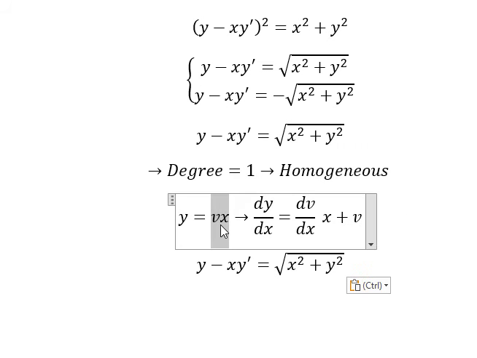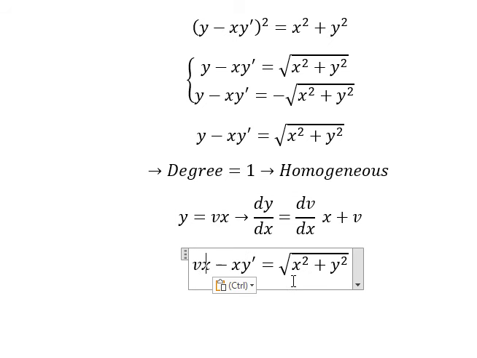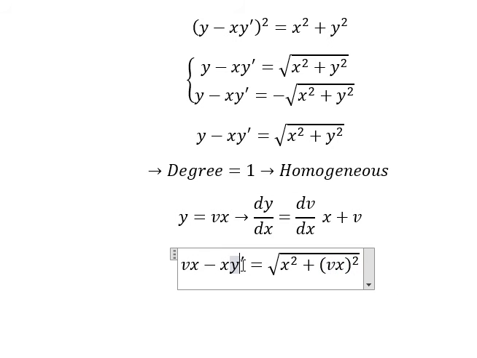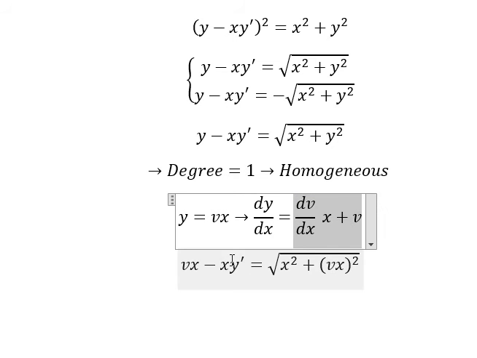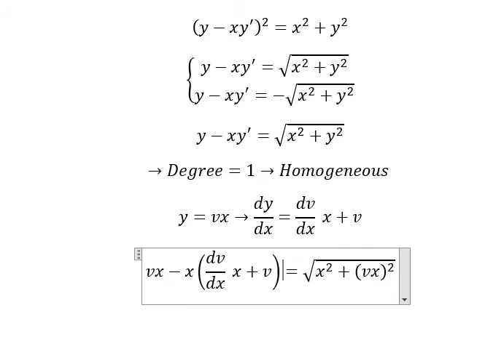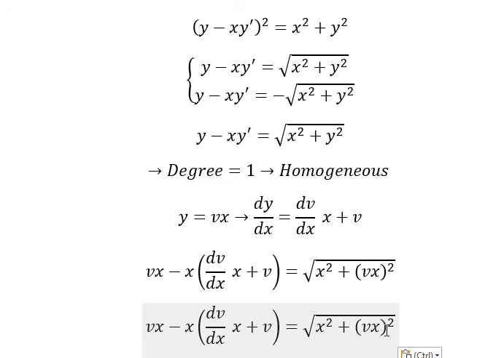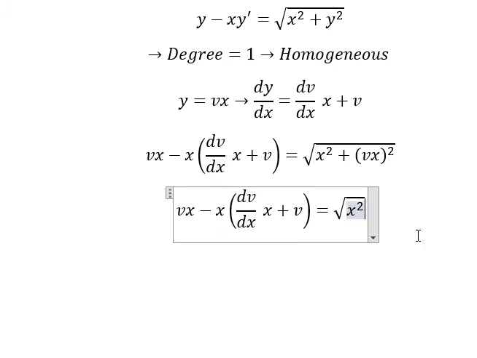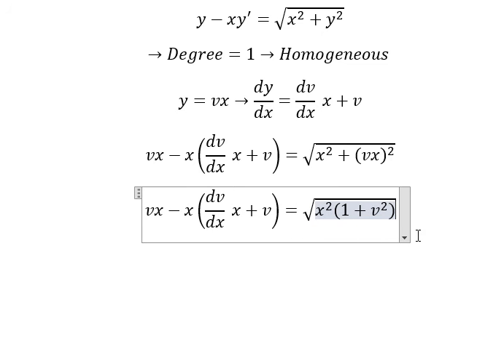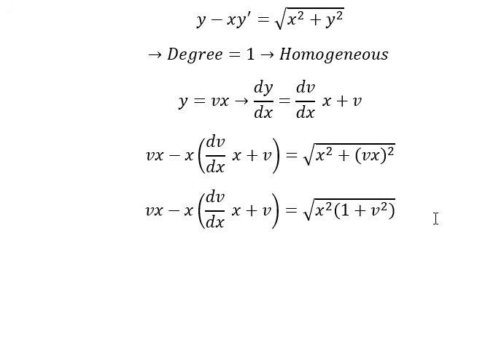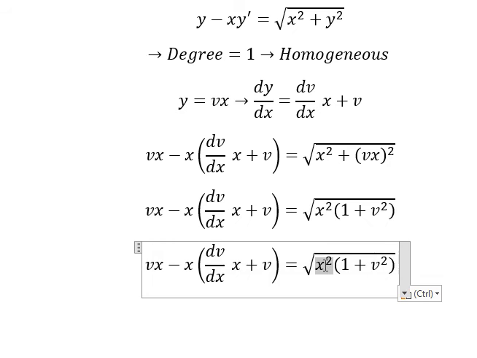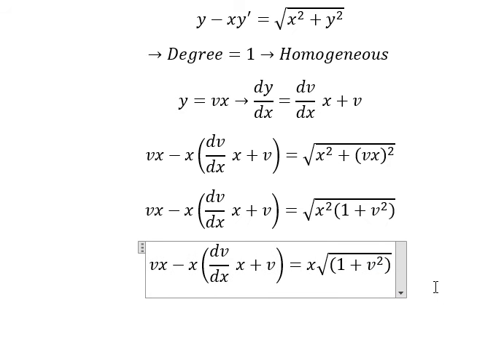Now I will put this one to change for y, and this one too. This one we change by this one. So s squared and s squared we can do about factorization. The square root of s squared, we have s.